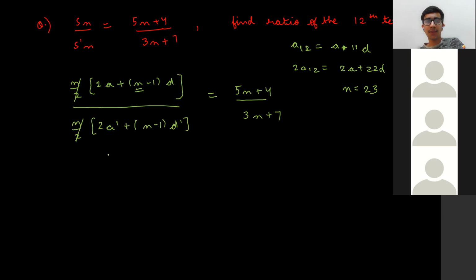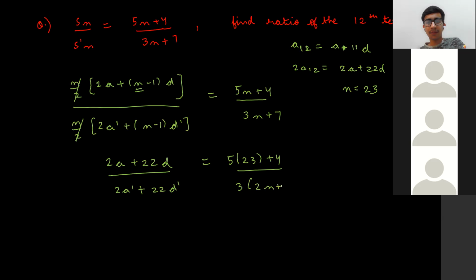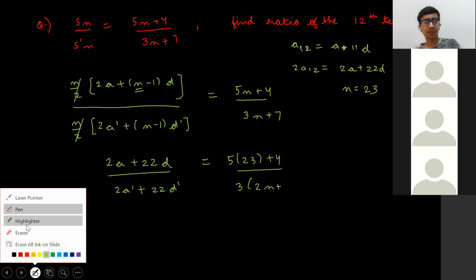If I put n as 23, I'll get (2a plus 22d) divided by (2a dash plus 22d dash), equal to (5 times 23 plus 4) divided by (3 times 23 plus 7).